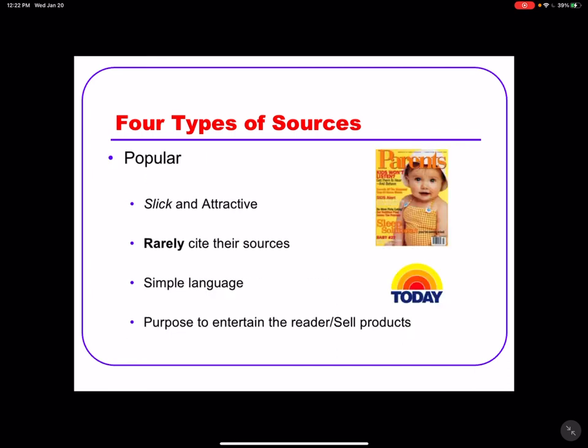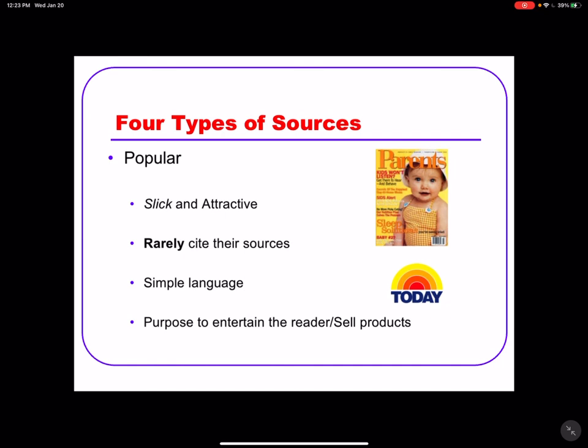The second type is the popular source. And as you can see, on the right an example is Parents Magazine. I know a lot of professionals in human development aren't really wild about some of these popular sources, because their purpose is really to entertain the reader and sell products.